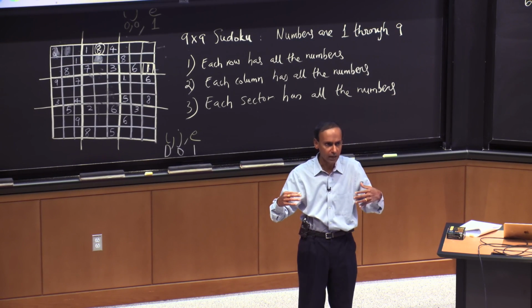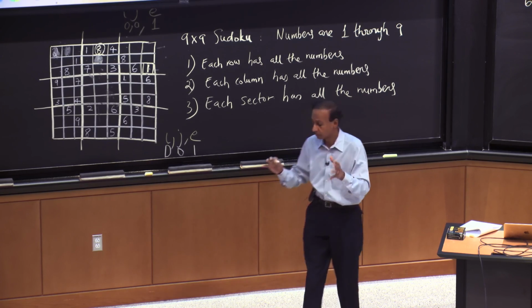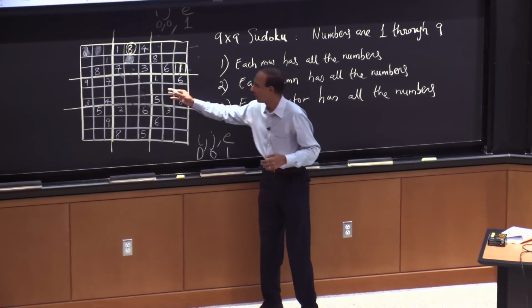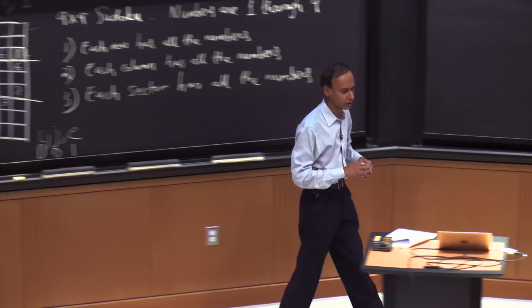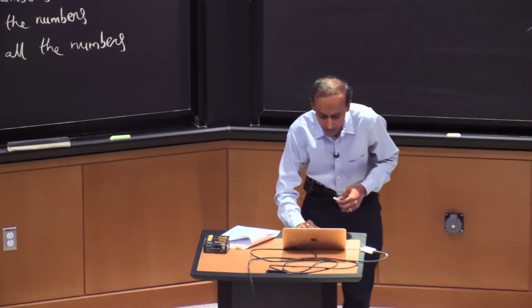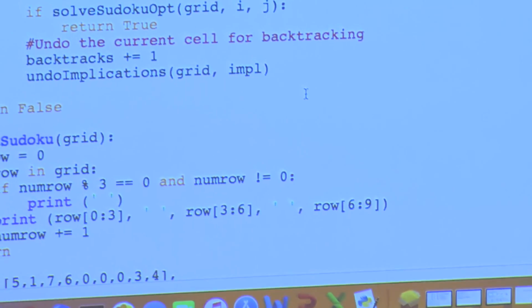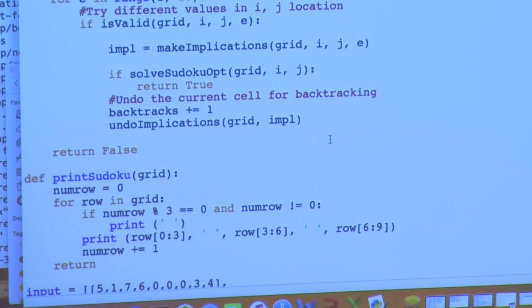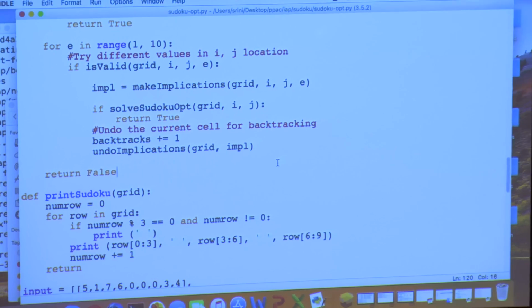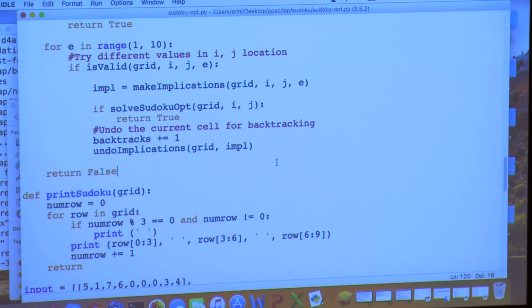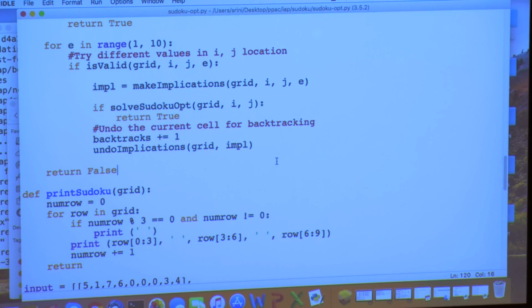So grid ij equals e in the original code got replaced with this procedure that we'll talk about, which I don't want to spend a whole lot of time on, but it's essentially something that puts in different values in the different locations. And grid ij equals 0 is replaced by undo implications, which is cleaning up all of the incorrect guesses and incorrect implications. The reason the implications are incorrect is because they came from an incorrect guess.